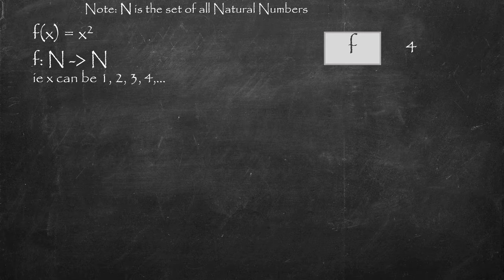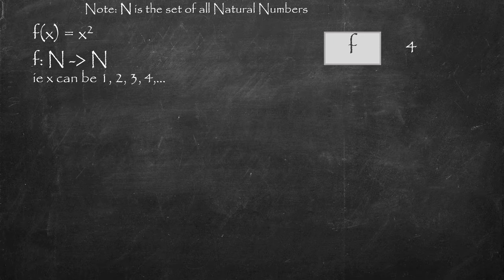But we know that's not enough. It's not enough to specify what the function does. We also need to specify the domain and the codomain, and that's what you see here in this second line, which says function f maps from the domain of natural numbers to the codomain, which is also the set of natural numbers. What this essentially means is that this function f can only take natural numbers as input. So it can take the numbers 1, 2, 3, 4, 5, 6, and so on.